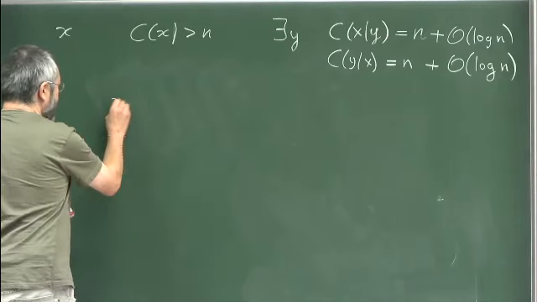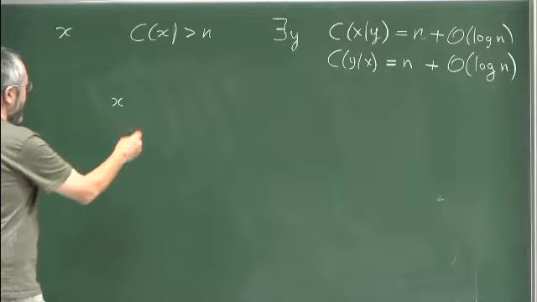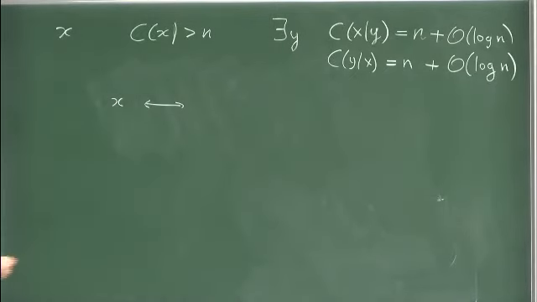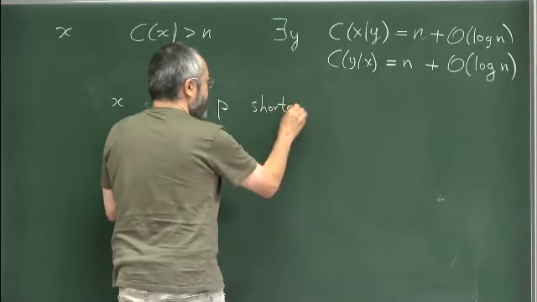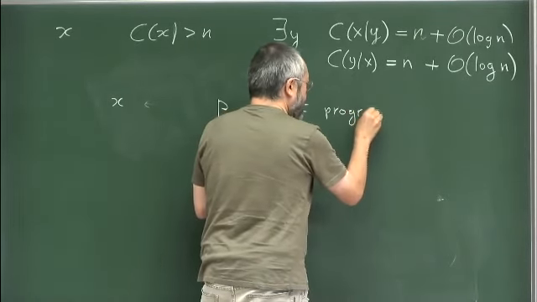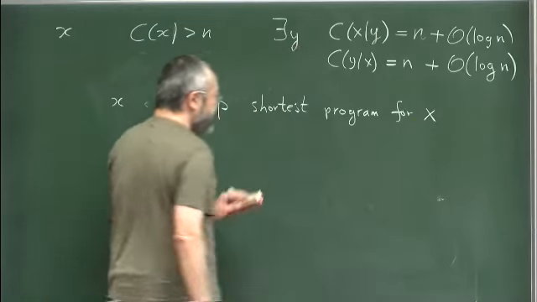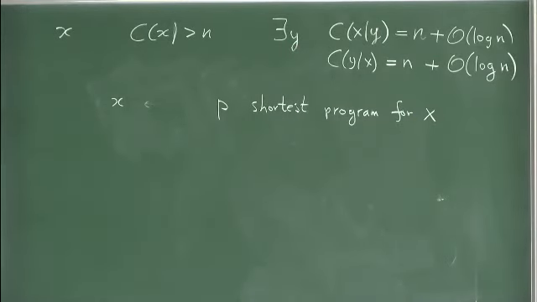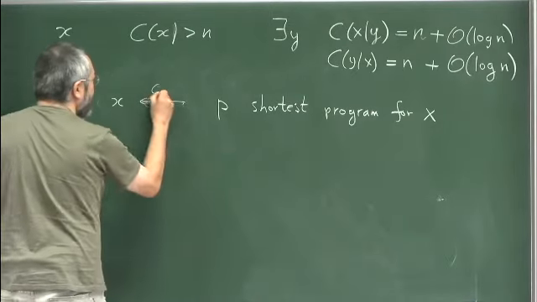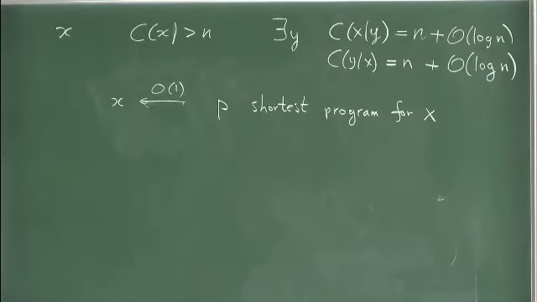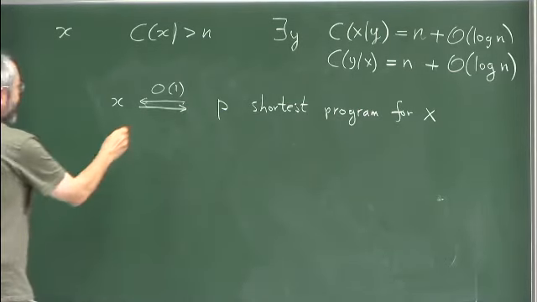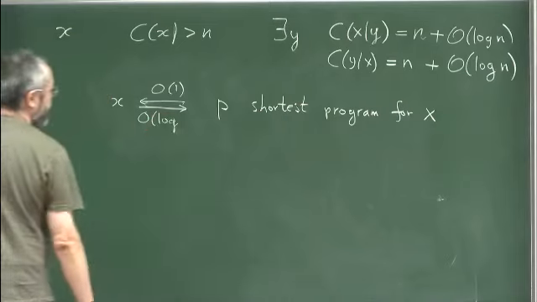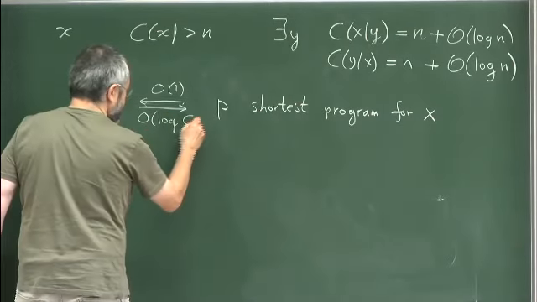So what we should do is take x, and first replace it by an incompressible string. So let p be the shortest program for x. Now we know that, of course, we can get x from p with a constant amount of information, and also we can get p from x with logarithm of complexity of x.